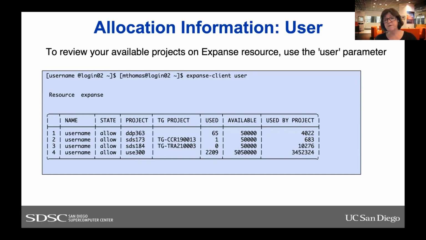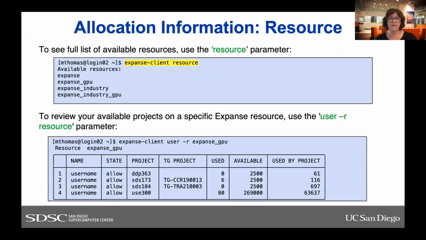We do put limits on large allocations for individuals on them, like in our training account, you would have a limit. So then you can also look at which resources are available that you can access. So Expanse GPU, industry GPU, probably you're not going to be able to use those.